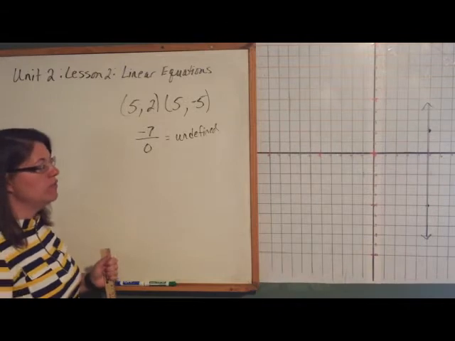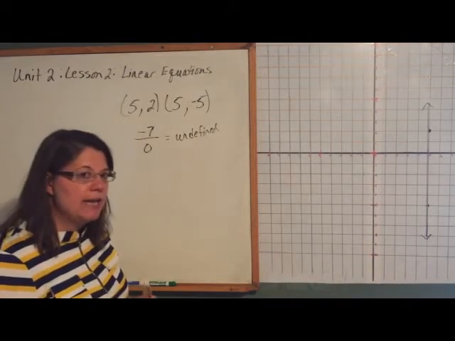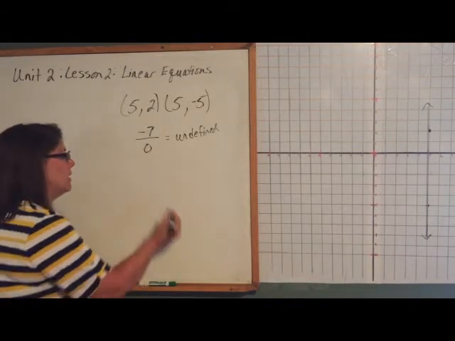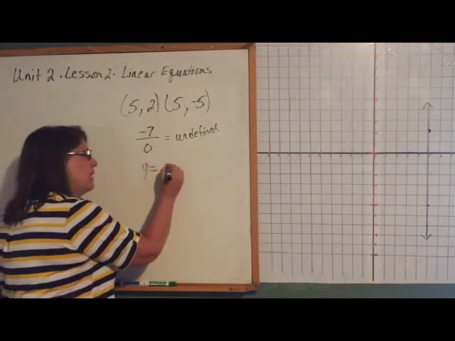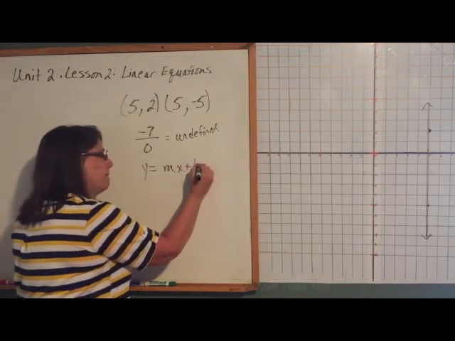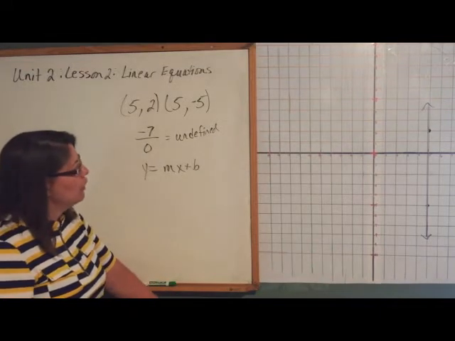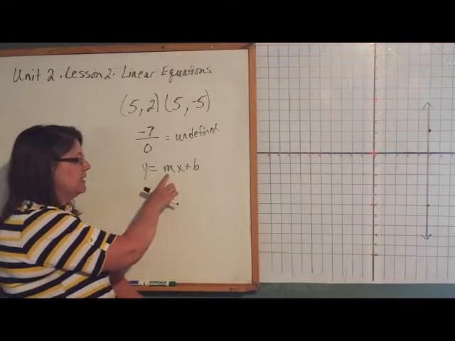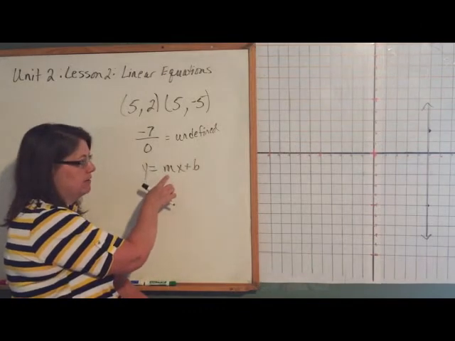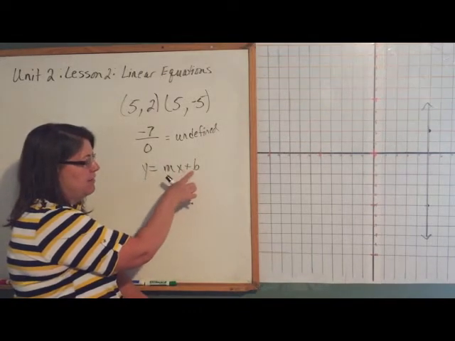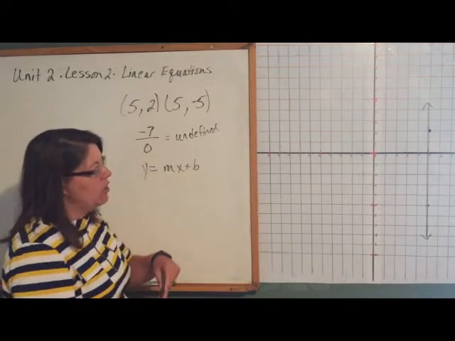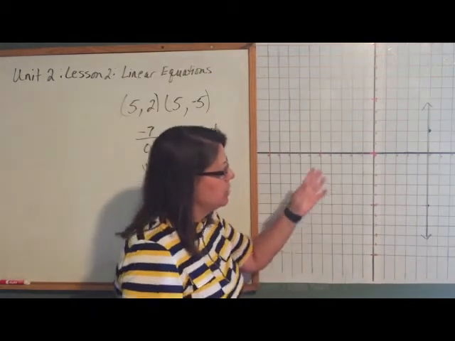So if it's vertical, let's think about how to put that in slope-intercept form. Well, we've got y equals mx plus b. Well, there's a problem. If my slope is undefined, and I put undefined in here, and then if I try to plug in my b value, well, okay, there's a problem there too.